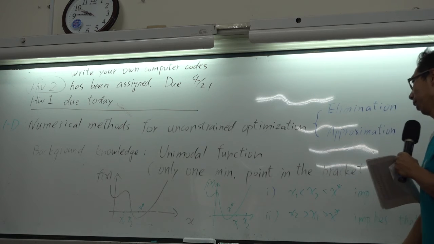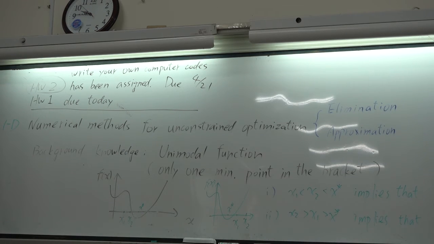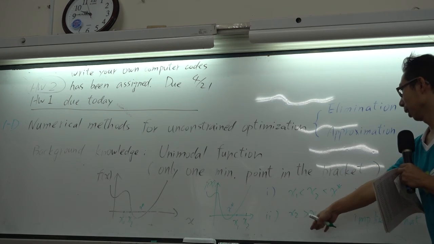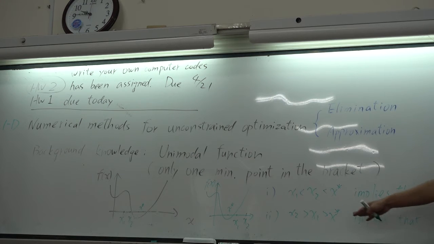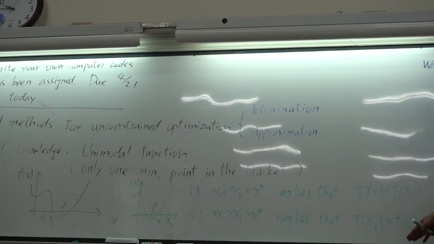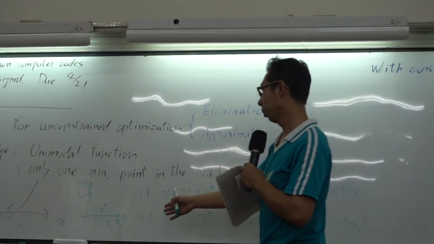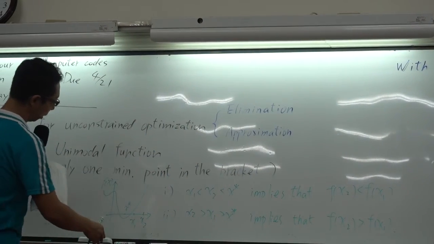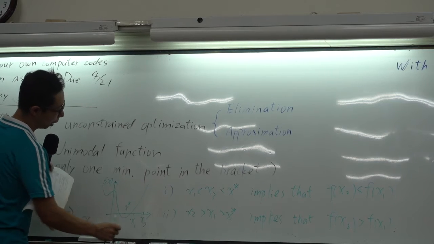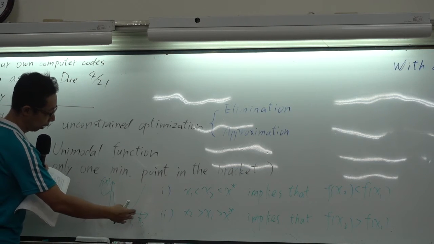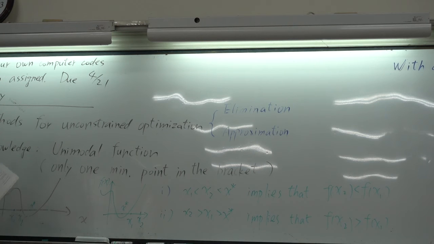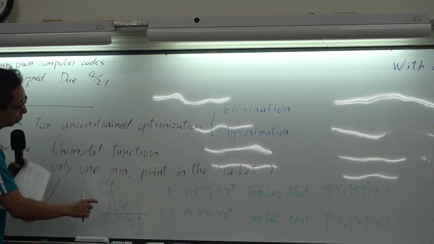The thing is, in this way, when we see this, then we know that the part between x1 and x2 can be eliminated, and then we can continue our search in a smaller bracket.